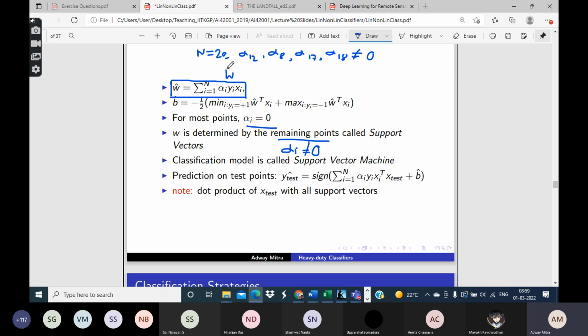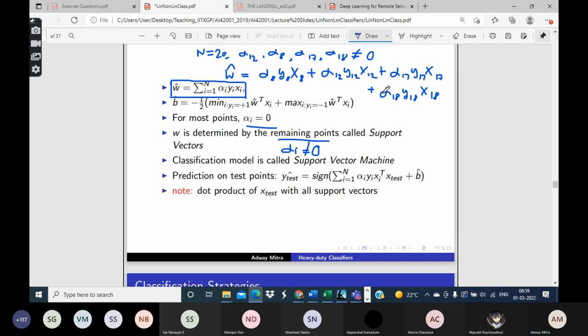In that case, the W hat which we get will be equal to just alpha 8, y8, x8 plus alpha 12, y12, x12 plus alpha 17, y17, x17 plus alpha 18, y18, x18.